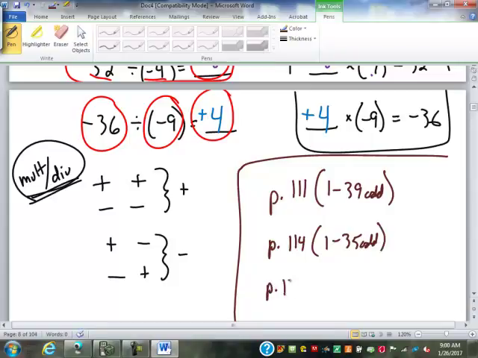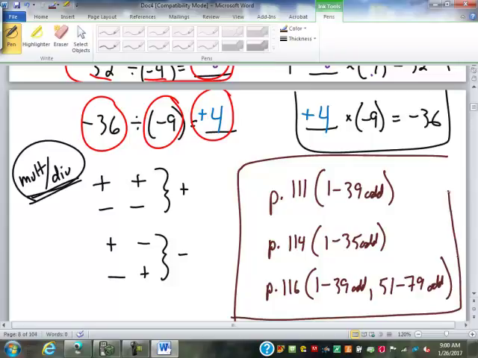And on page 116, 1 through 39, the odds, and 51 through 79, the odds deal with multiplying and dividing the integers. So I'm cutting the lecture a little short today and giving you some extra work time because this is kind of a longer assignment. So I want you to get a good start on it.